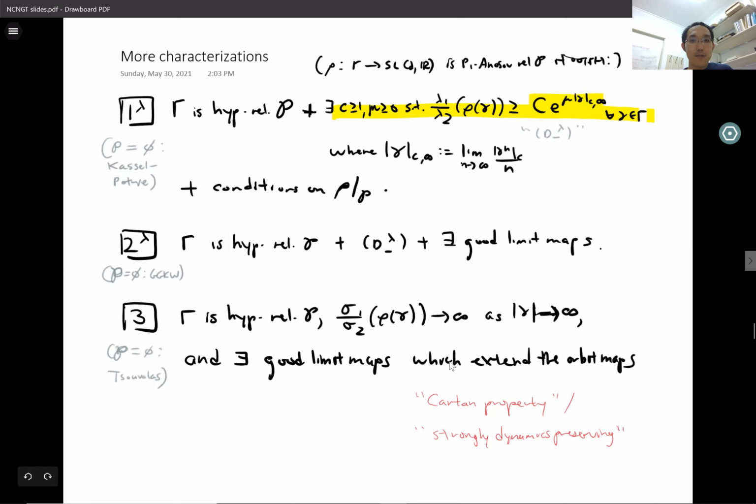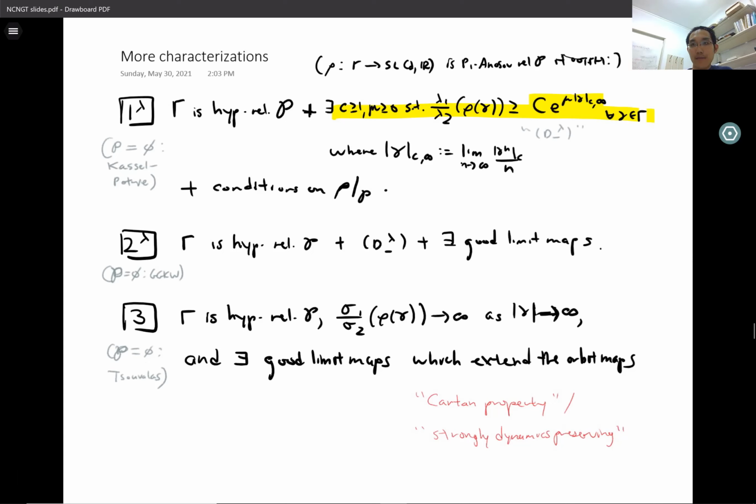We have to also assume that the limit maps extend the orbit maps, like what I've described in the examples in the hyperbolic plane or the projective model of the hyperbolic plane. And these here in red are some terms that are used to describe this condition of extending the orbit maps in the literature. And in the non-relative case, this last condition was formulated by Tsouvalas.